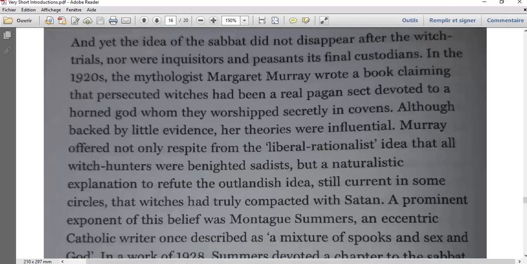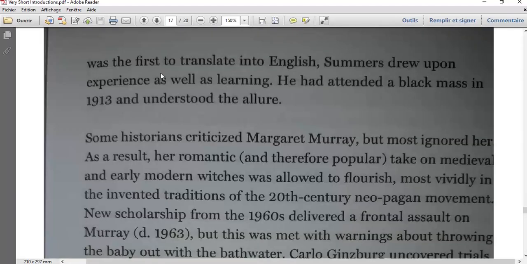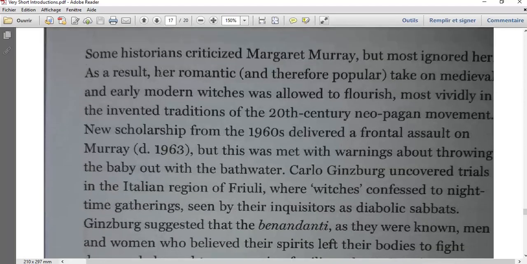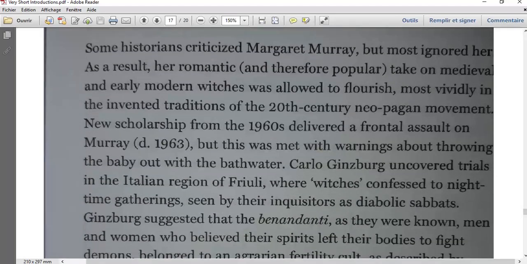So I will let you read that on your own. And the fact that Margaret Murray's work was ignored or criticized by historians, but more or less ignored, resulting, of course, in a huge frenzy for ideas, romantic and popular take on medieval and early modern witches, I quote here.